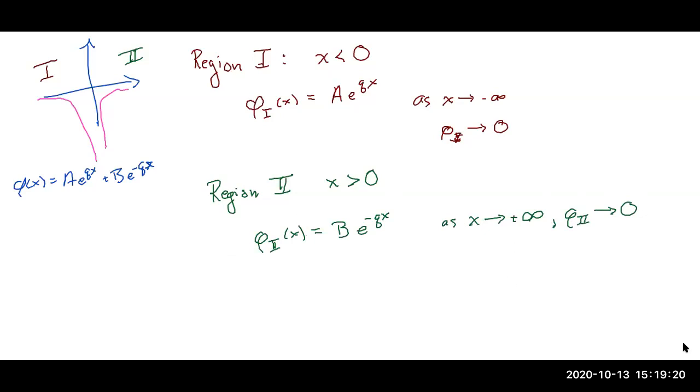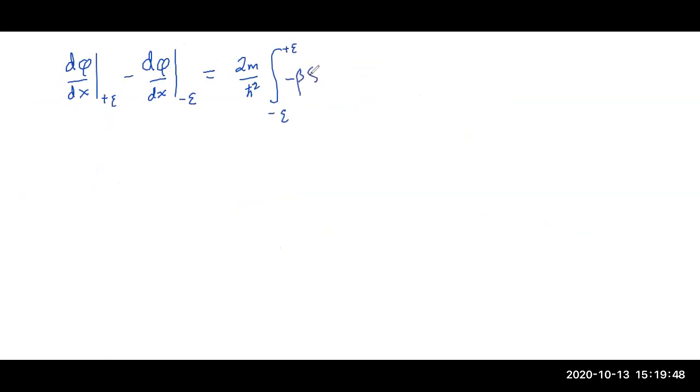So previously we applied our condition, which was the derivative of phi with respect to x evaluated at plus epsilon minus the derivative of phi with respect to x evaluated at minus epsilon was equal to 2m over h bar squared times the integral from minus epsilon to plus epsilon of minus beta delta x phi of x dx.